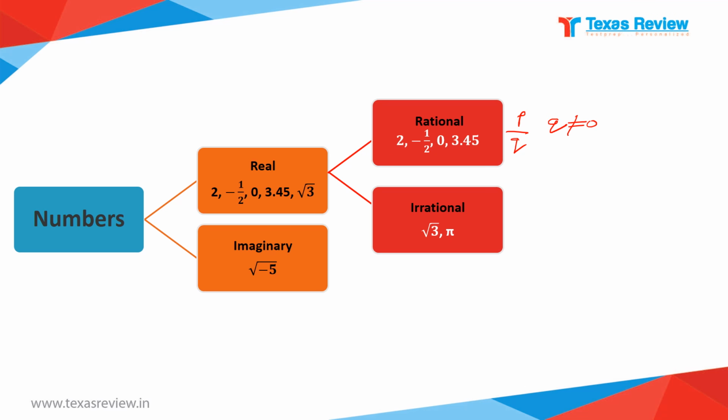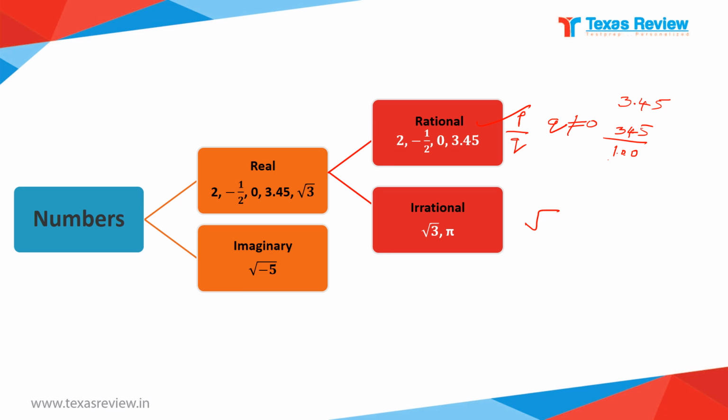For example, here there is a number 3.45. This can be expressed as 345 by 100. Here this is expressed in the form P by Q where P and Q are integers. So any number that can be expressed in this form is said to be rational.